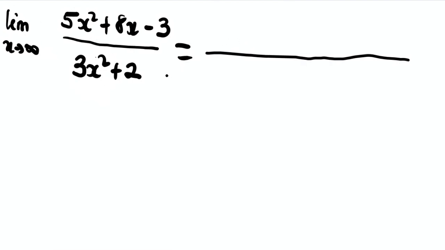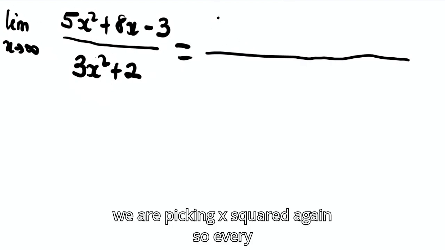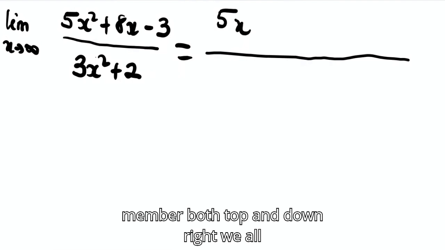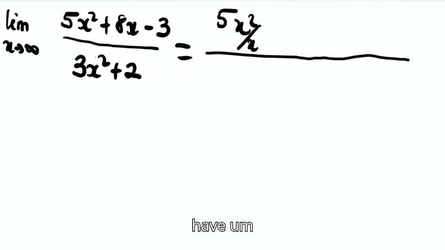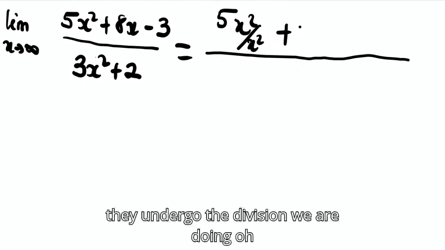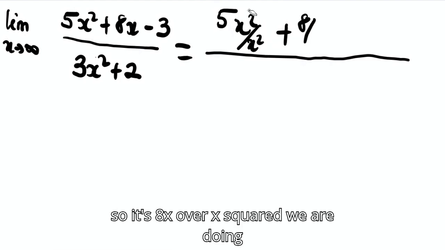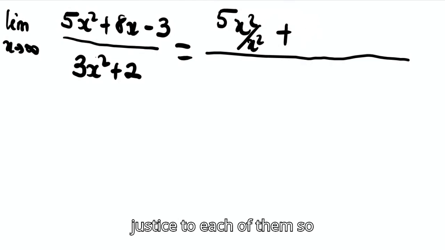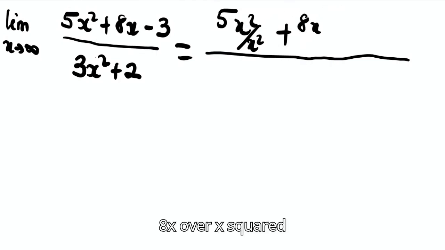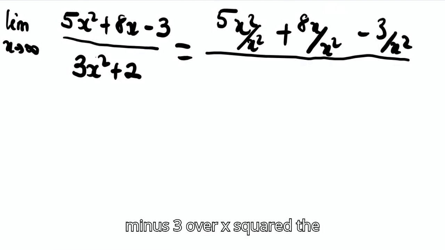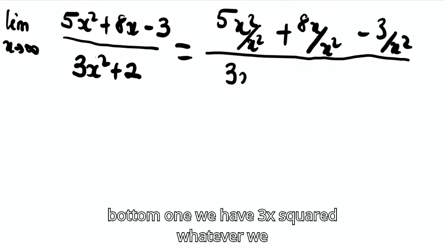So if you do that, we are picking x squared again. So every member, both top and down, will undergo the division. We are doing justice to each of them. So 8x over x squared minus 3 over x squared. The bottom one, we have 3x squared.